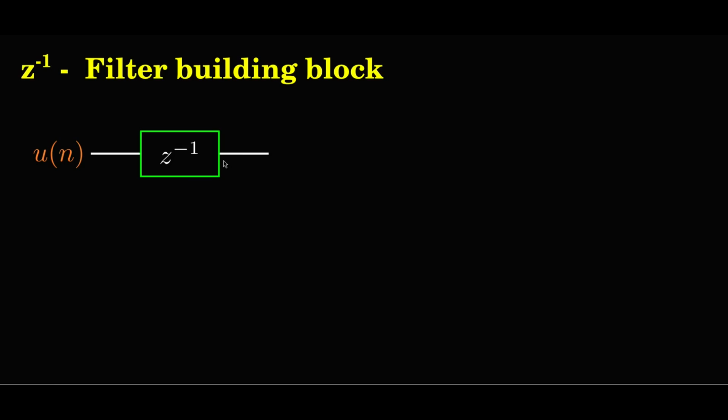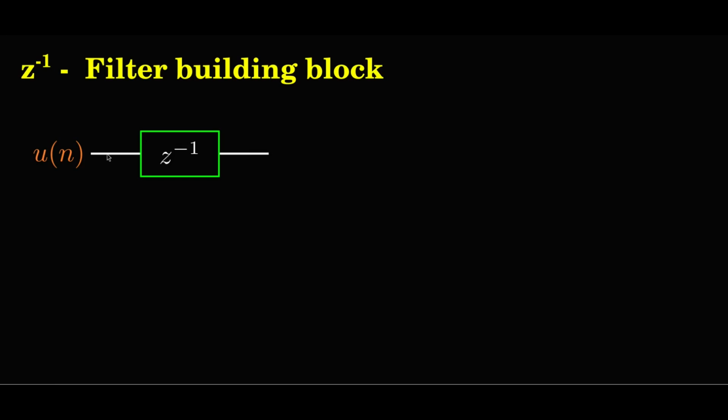So if it is the kth interval now, what I get here is u of k, and what I would get here is the previous value, which is u of k minus 1, released now. So that's what this block will imply.